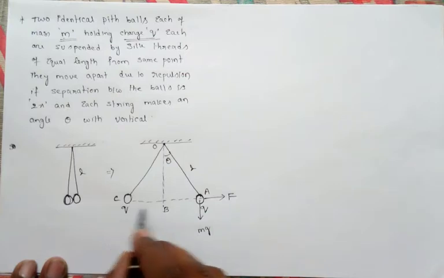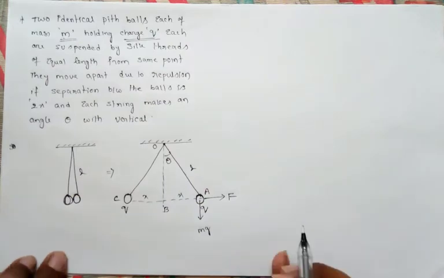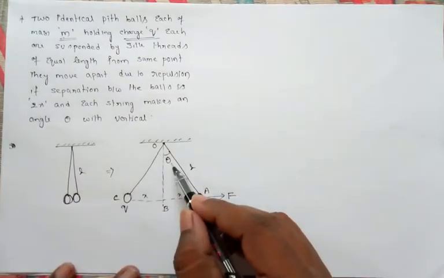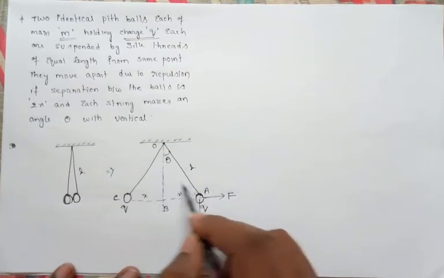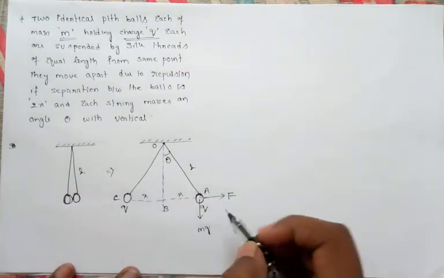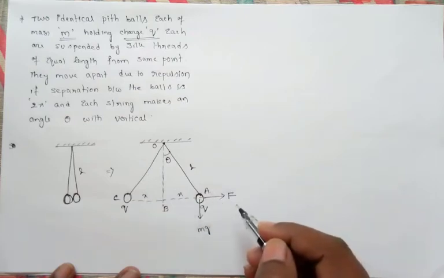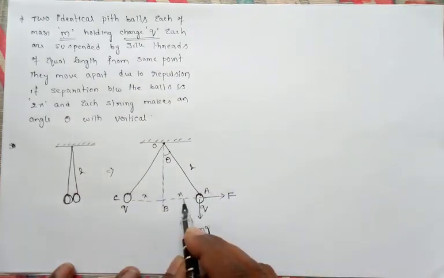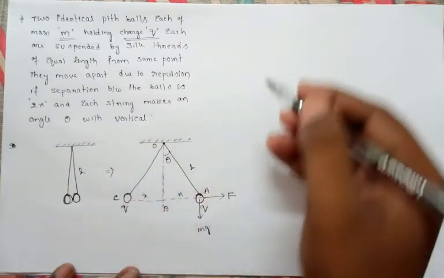So the total separation between the two balls is 2x; in the sense, it is x on each side. Now the questions may be: how much angle is made, how much deflection has taken place, what is the tension in the string, and how much separation has taken place, that is, the x value. In those cases we can discuss.